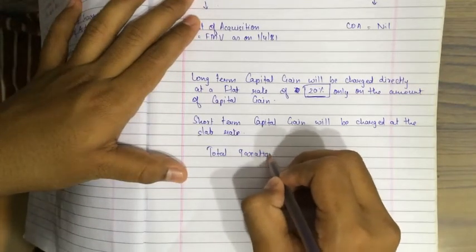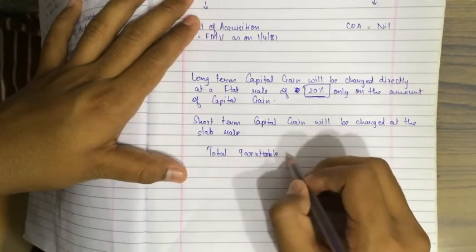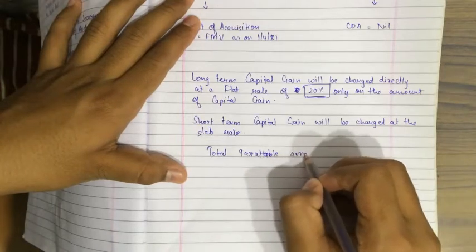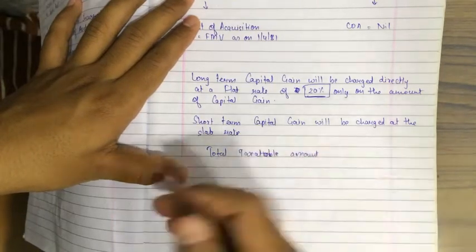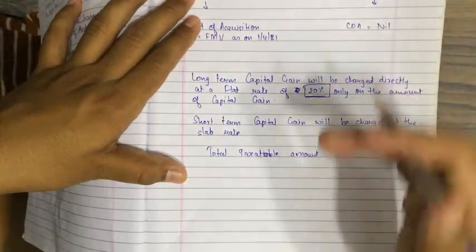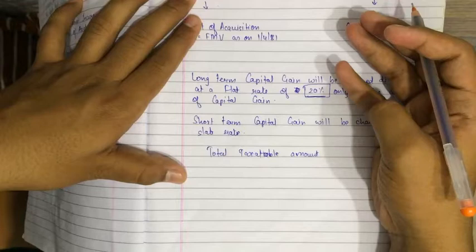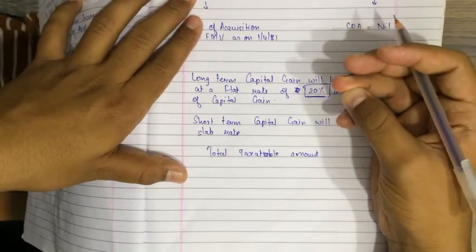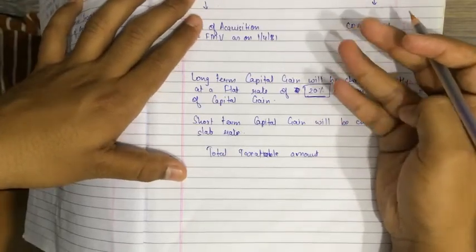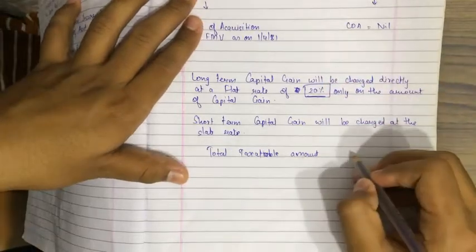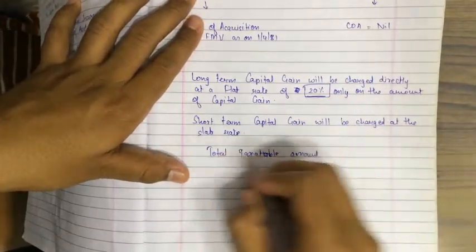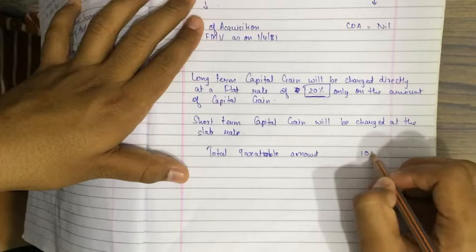Total taxable amount that we have computed after the income statement, from income from house property, income from business and profession, income from salary, income from capital gain and other sources. Say the total taxable amount is rupees 10 lakh.